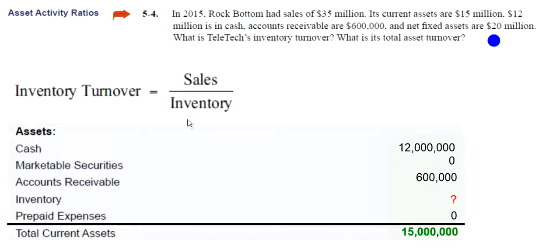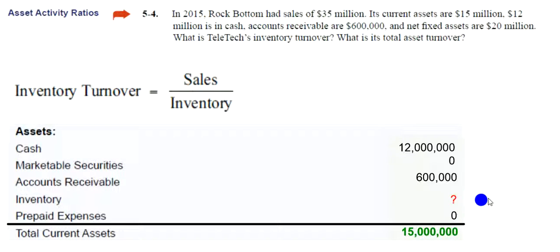So we've got cash, we have 12 million right here. It doesn't give us anything for marketable securities, so that's 0. Our accounts receivable are 600,000. Inventory we don't know. There's 0 here for prepaid expenses, so we just put 0.